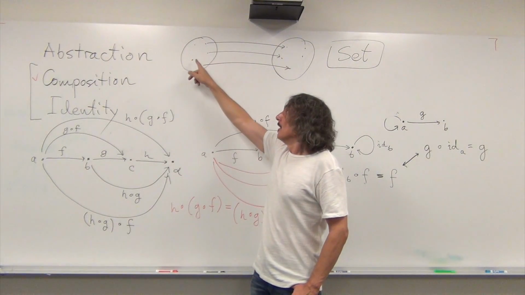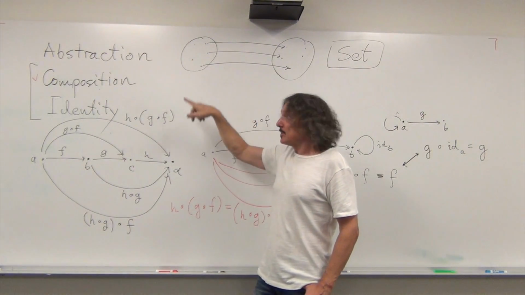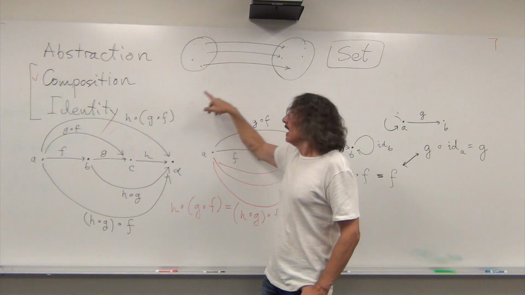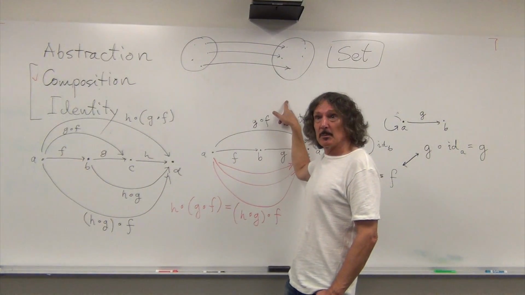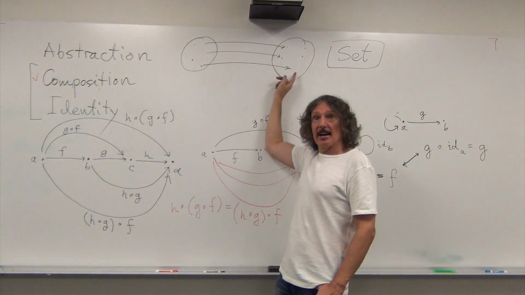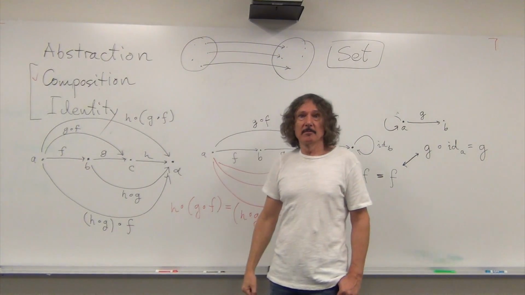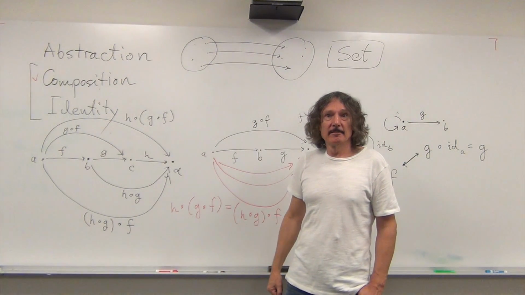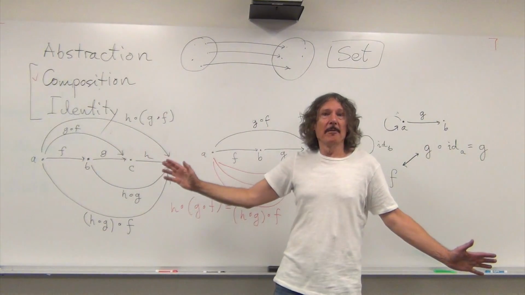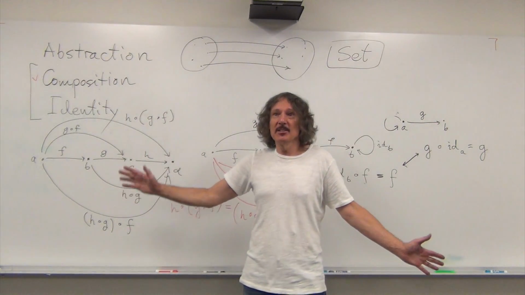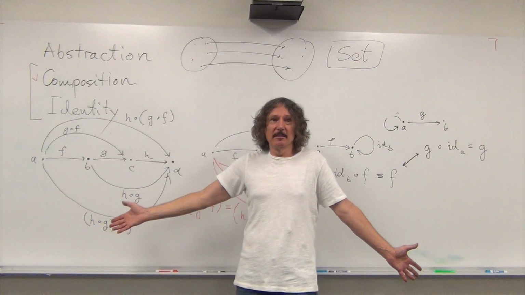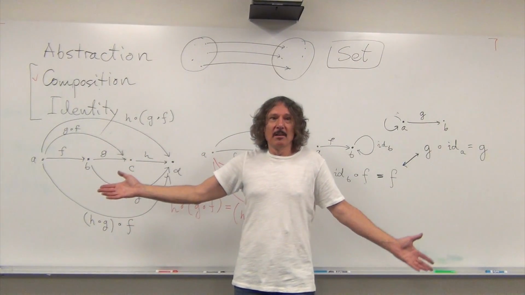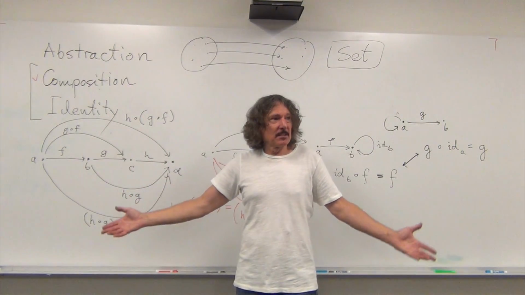I say, okay, this set corresponds to an object A, this set corresponds to an object B, and there are 10 arrows between these objects. Fine. What are these arrows? I don't know. I forgot. I just know there are 10 of them. Okay? And I call them f, g, h.